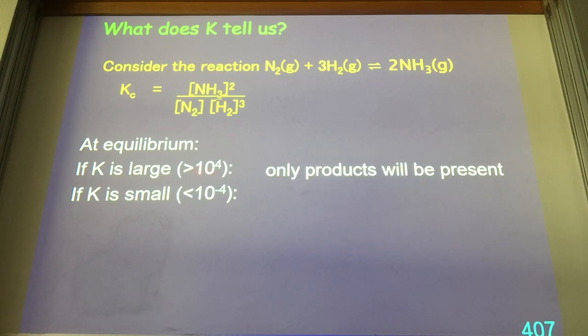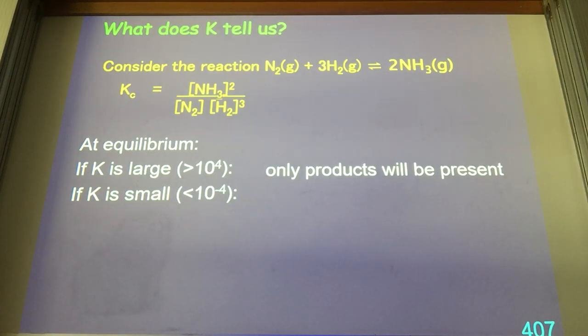If it's greater than, say, rule of thumb, 10,000, 10 to the power of 4, that means the numerator is very high. If you've got a very high value on top, you've got very low values on the bottom. That means you've got virtually all products, virtually no reactants. That means the reaction has essentially gone to completion.